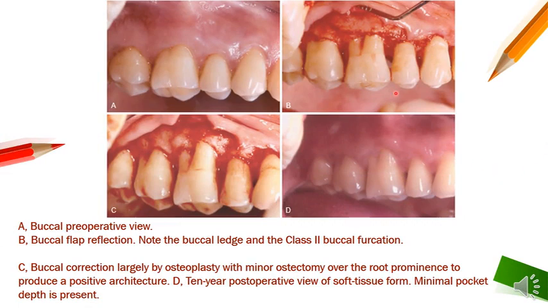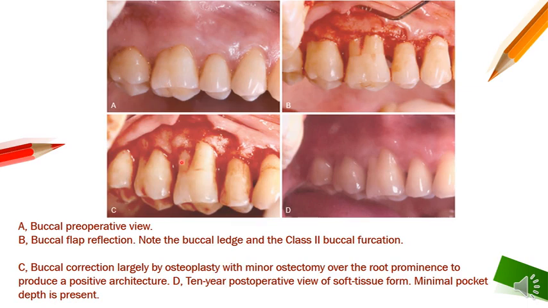In those pictures, we can see a buccal preoperative view of this maxillary first molar. In this picture, a buccal full mucoperiosteal flap is elevated, and we can see the buccal ledge and the class 2 buccal furcation. This is the defect.